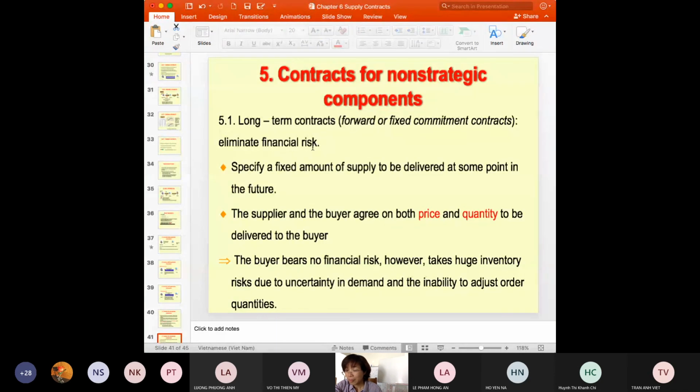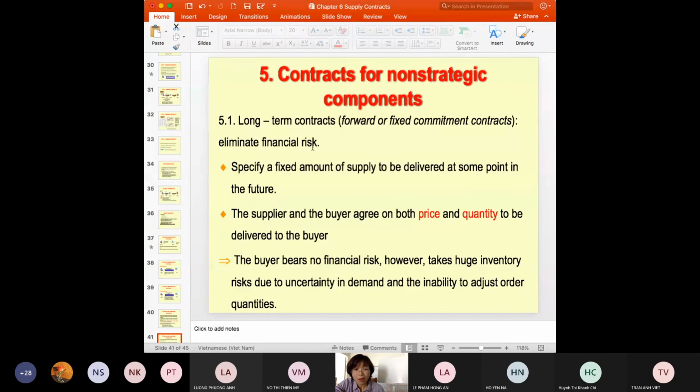For a long-term contract, it means we must sign with the supplier for a fixed amount of supply to deliver to us in the future. So we don't have the risk of running out of capacity or out of stock.